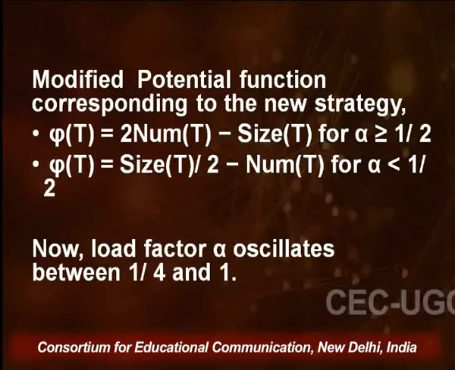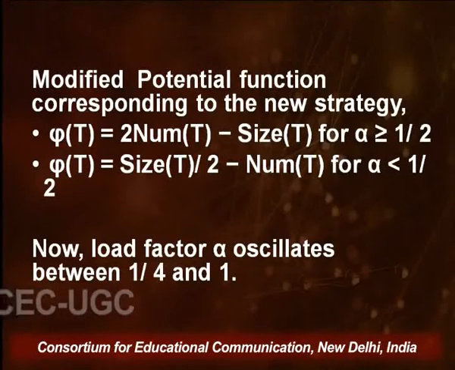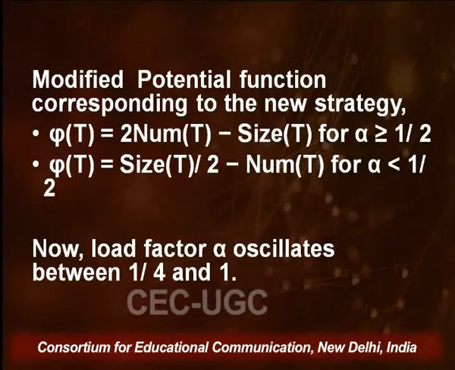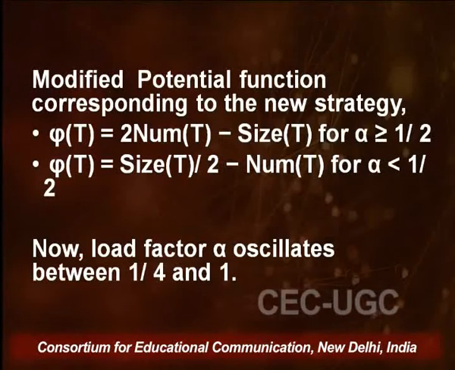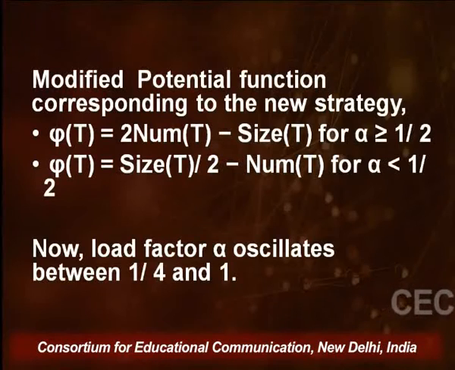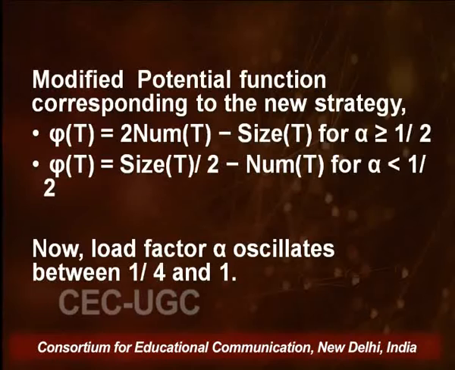When alpha was less than 1 by 2 and after the ith operation it remained less than 1 by 2. When alpha was greater than 1 by 2 before the ith operation, it remained greater than 1 by 2 after the ith operation also.